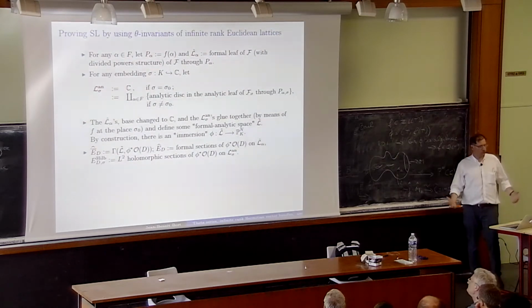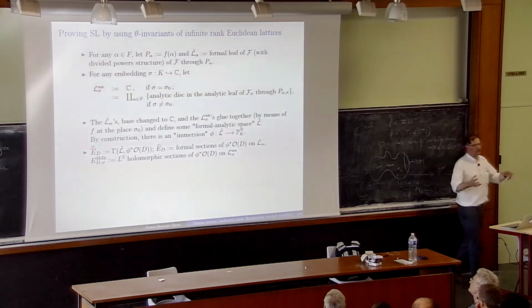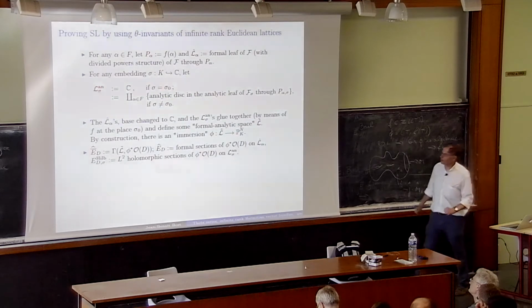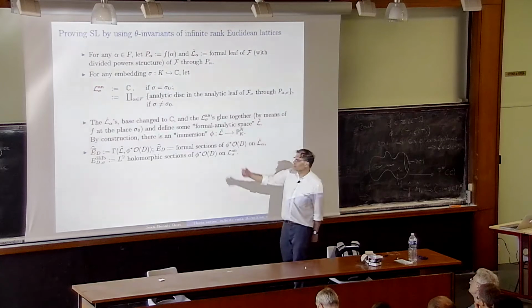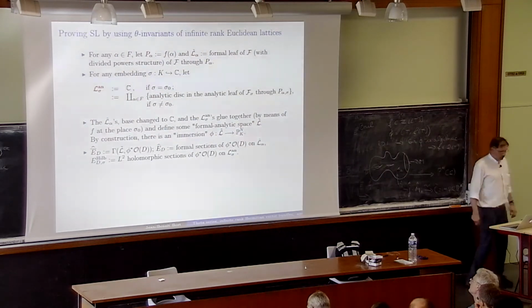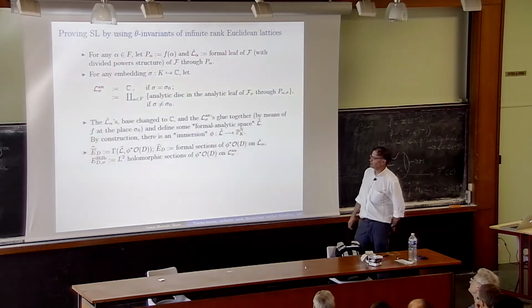So you may do this construction, which is a way to interpret as building some kind of hybrid objects, formal and analytic, the various data of the Schneider-Lang theorem. And you may consider, in the spirit of the previous proof of Chow's theorem, the space of sections of O of D on these objects.